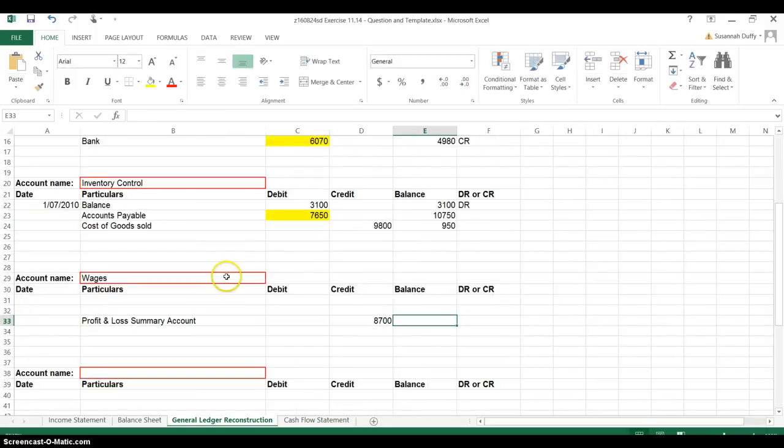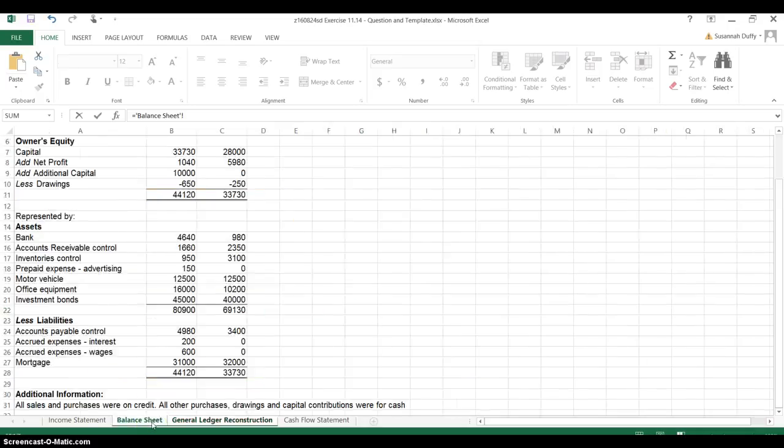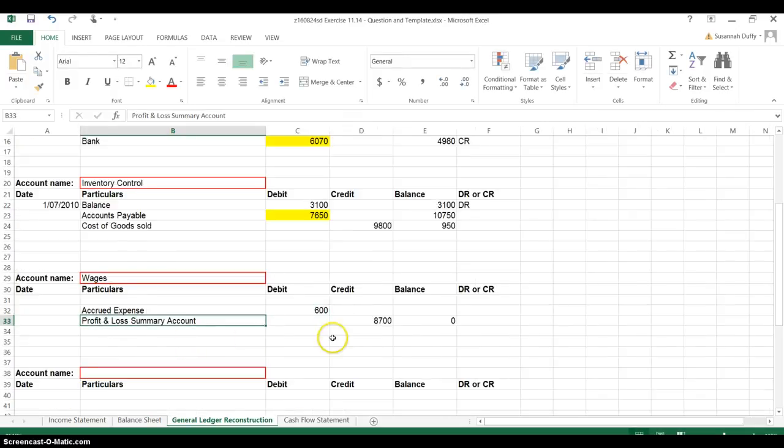Okay, if we then work backwards, we know that we accrued some wages, so we had an accrued expense. Now, accrued expenses, you always debit the expense account when you accrue those in. What that does is it increases the value. So we owe that money, so we can record it. We go and pick up the figure, and it's going to go into the debit column.